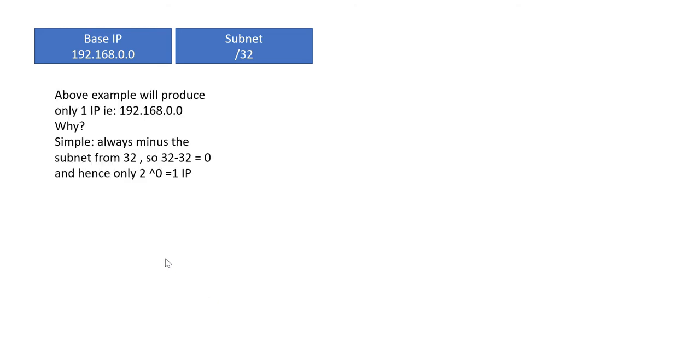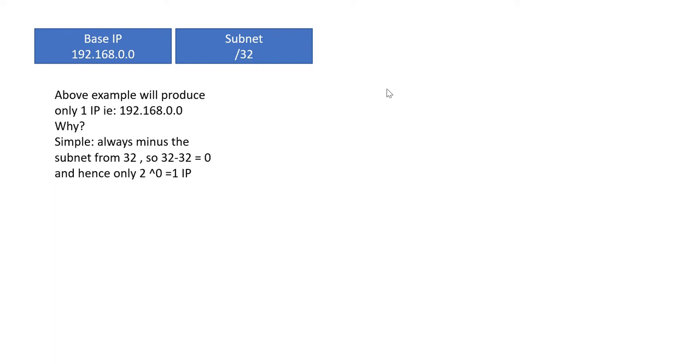In the above example, you subtract the subnet from 32. 32 is the base number. 32 minus 32 is 0. And hence how many IPs? 2 raised to 0, that is 1 IP. So if you always see /32, that means the range is 1.